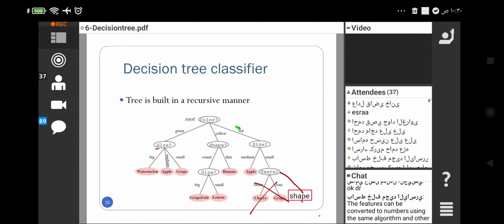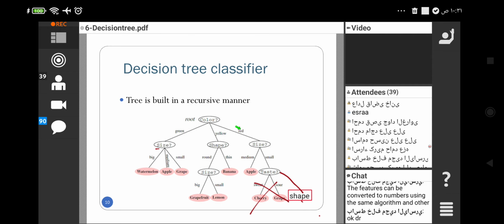This is done by the decision tree, because if the feature has an unlimited number of values, the node in the tree would have an unlimited number of branches, which is not possible for the decision tree. We can't have an unlimited number of branches.